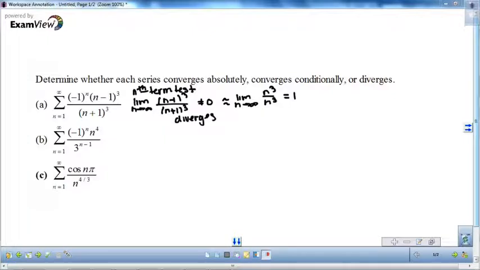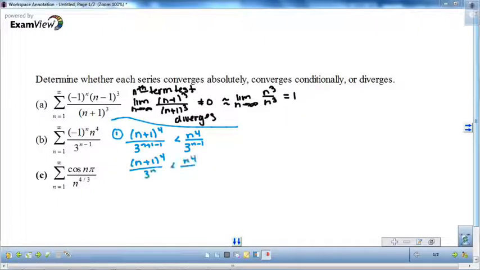Okay, for B, we're going to use the alternating series test. So first we need to determine that the n plus 1 term is less than the n term, which they are for every single term. So we're going to take the limit as n goes to infinity, and note that this gives me infinity over infinity, which is an indeterminate form, so I'm going to use L'Hopital's rule.